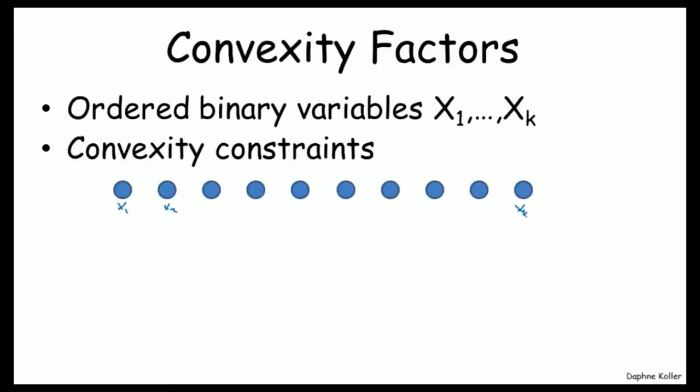And the convexity constraint says you can assign these variables 1 or 0, but you have to assign them in a way that only a convex set is assigned the value 1. So for example, you can have this set be 1 and everything else be 0, or you can have this set be 1 and everything else be 0, but you can't have a scattered set of 1s that are interspersed with the 0s.